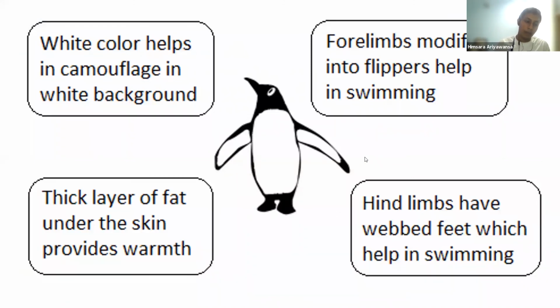A thick layer of fat under skin provides warmth. The webbed feet help in swimming, and finally forelimbs modified into flippers help in swimming. So these are some adaptations in their body to swim fast, to dive deep and regulate their body temperature.